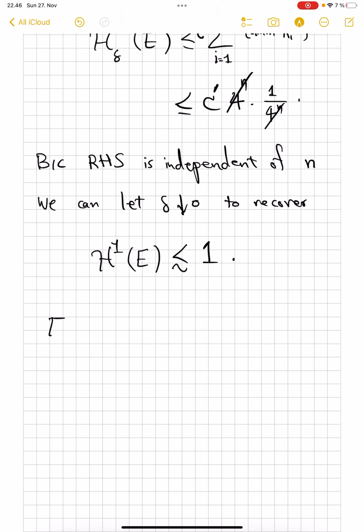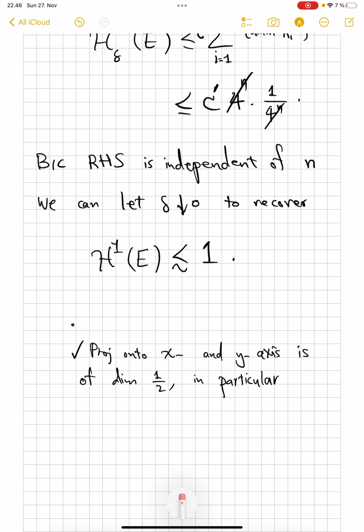So again, let's summarize. Projection onto x and separately onto y-axis is of dimension 1/2. In particular, okay, so maybe actually this will now be more surprising when we start with this one. E is of dimension 1, so it behaves like a curve.